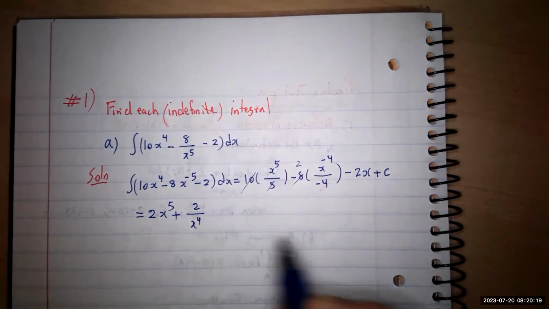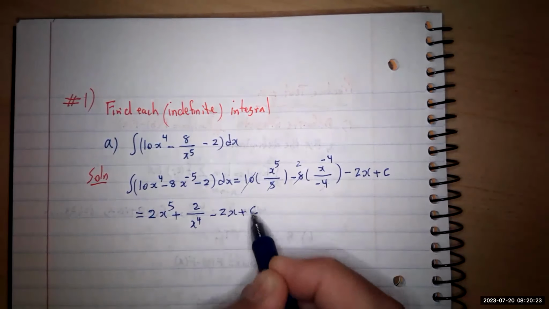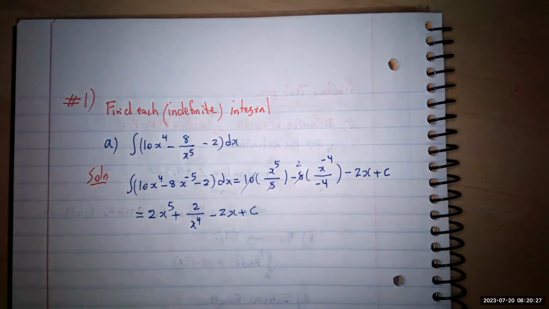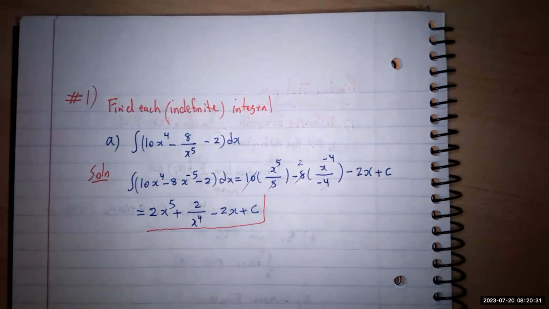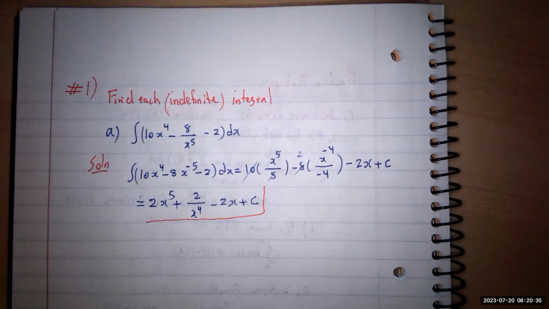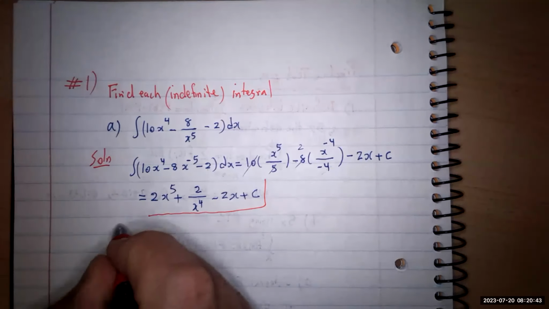X to the 4th, minus 2x plus the constant c, and then you're done. So this is going to be the result of the integral. Any question? Most of you did this one well on this quiz, but why not? You should be able to do it again. That's part 1.